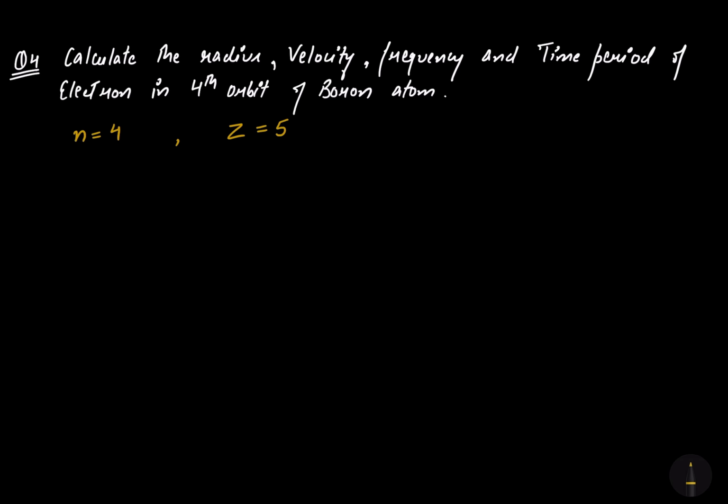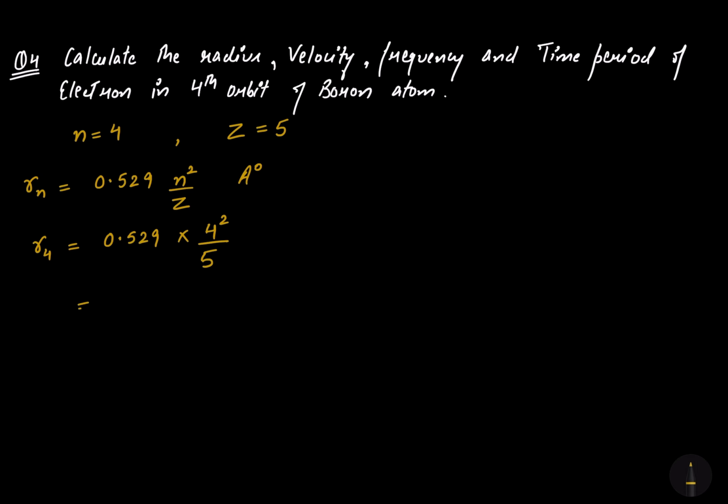So first let's calculate the radius. The formula is the radius of nth orbit is 0.529 into n square by z, in angstroms. So the radius of fourth orbit comes out to be 0.529 into n square, n over here is 4 square, divided by z, the atomic number is 5.